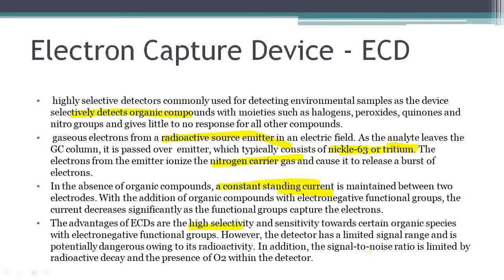In the previous slide, with the flame ionization detector, we have hydrogen gas because it is a combustible gas. It is explosive, so it is dangerous. And in this case, because of the presence of radioactive elements, this is also dangerous. And it has a low signal to noise ratio, so that is there.